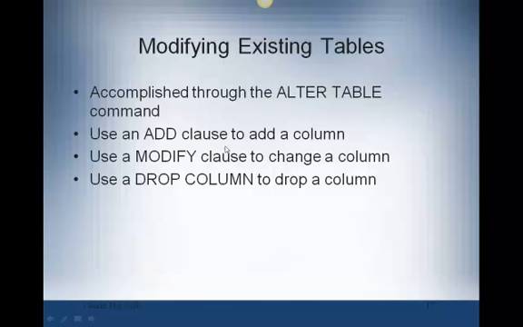And actually, you can also set a column as unused. It doesn't drop it, it just marks it as we're not going to use it right now, and then if it is marked unused, you don't see it in the select statements or the describe command, but it's still there.